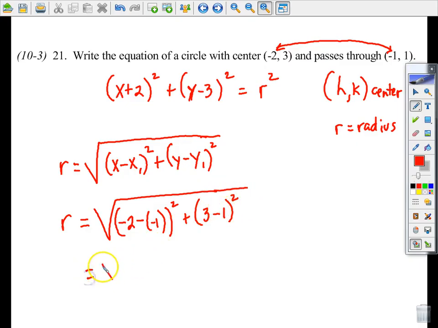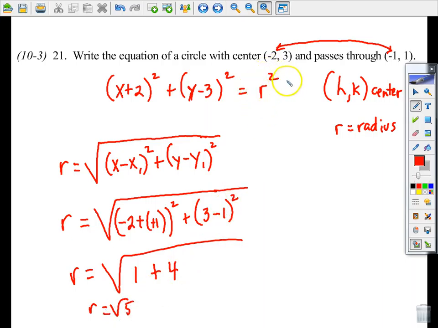All right, let's simplify. Well, this is -2 plus 1 in the parentheses. Remember, we do parentheses first. So -2 plus 1 is -1. And -1 squared is +1. Plus 3 minus 1 is 2. 2 squared is 4. So the radius is the square root of 5.